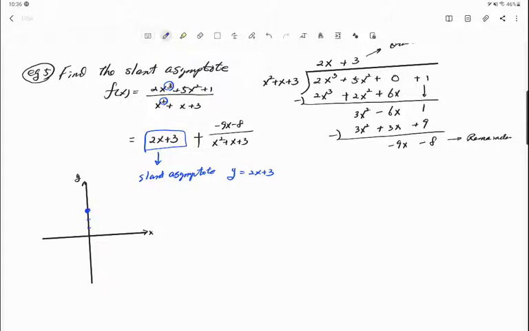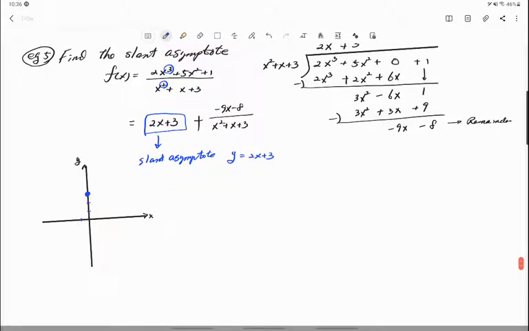And then if y equals 0, then x equals negative 2/3. So it's going to be somewhere over here, right? So this is the slant asymptote. Slant asymptote. That guy.